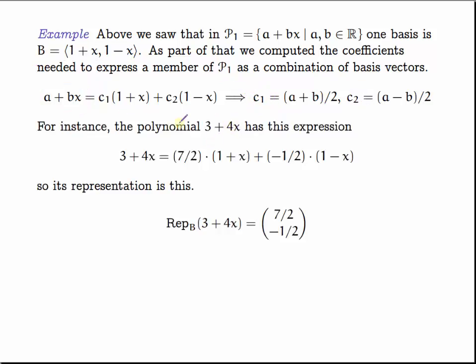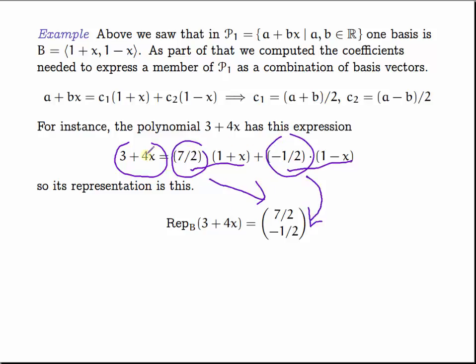For instance, using this formula, we can show that 3 plus 4x is this linear combination of 1 plus x and 1 minus x. Here are the coefficients, 7/2 and minus 1/2. So that's my representation of 3 plus 4x in terms of the basis 1 plus x, 1 minus x.